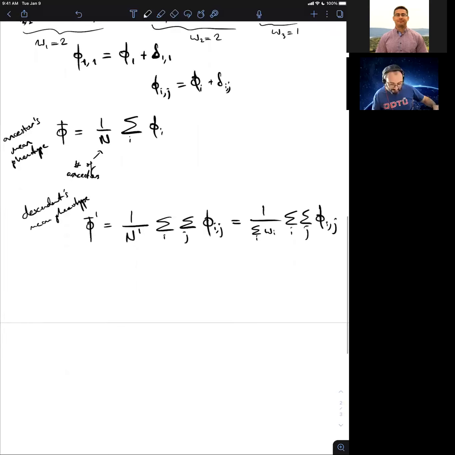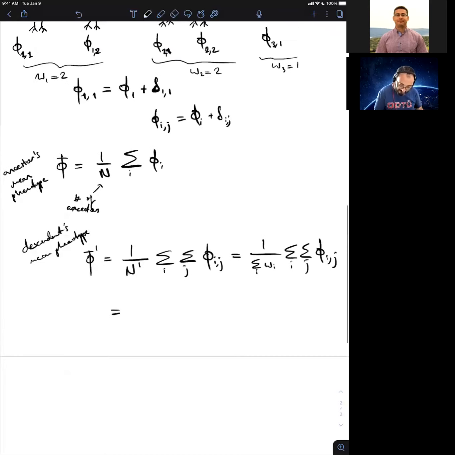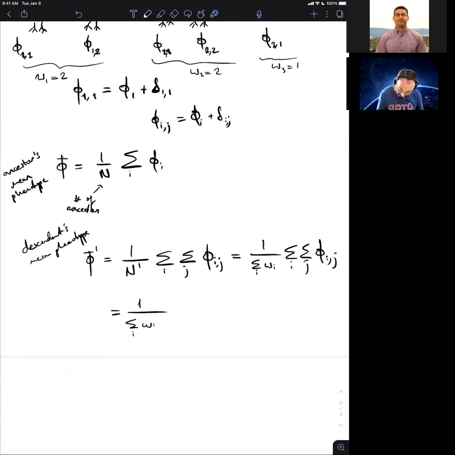And then one last thing we can do for the sum is express it using this decomposition, the idea that each descendant can be its ancestor's phenotype plus some deviation. So then we have 1 over the sum of Wi, sum over i, sum over j, and now it's phi i plus delta ij.